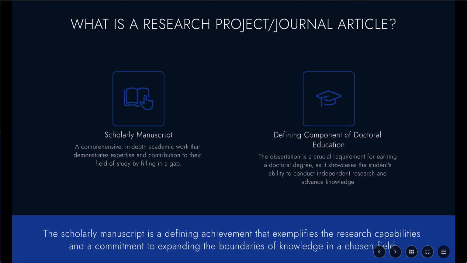Research is often considered a defining component of a doctoral education. And so a lot of people, when we talk about research, think that's for your dissertation or that's for your thesis, it's part of your degree. And what's really interesting is that a dissertation or even a thesis is very different from research that's actually published in journals.